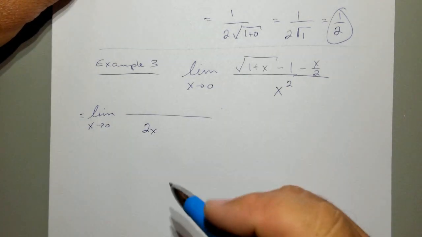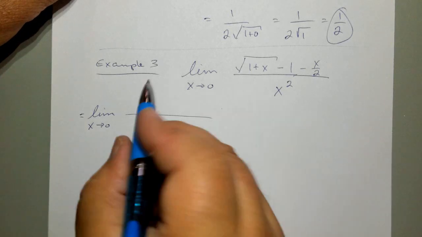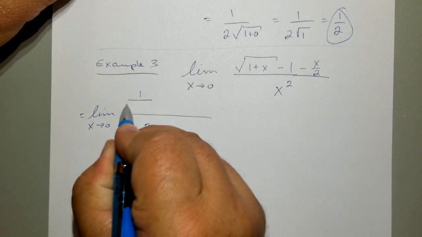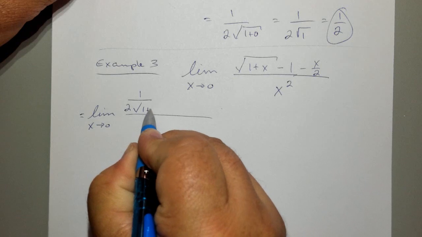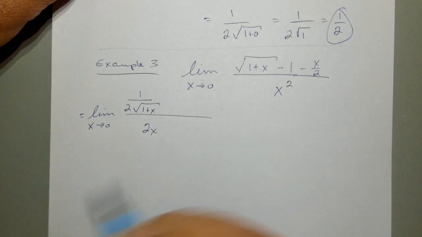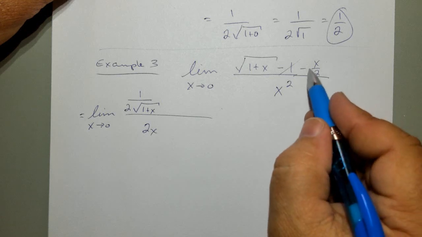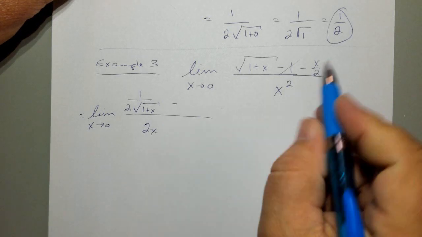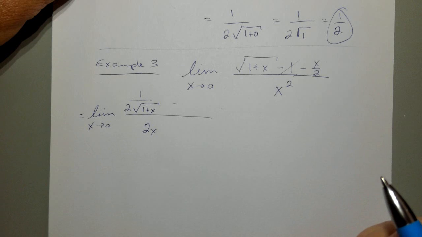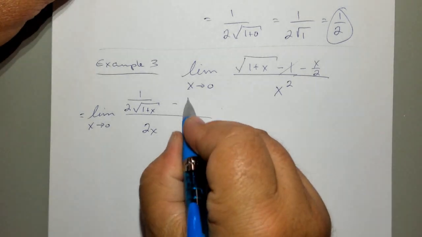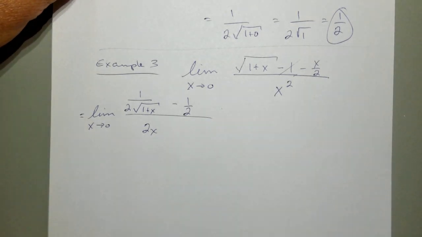Derivative of square root of 1 plus x. The derivative of 1 is gone. The derivative of x over 2.